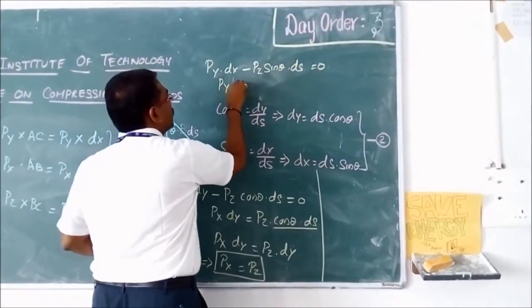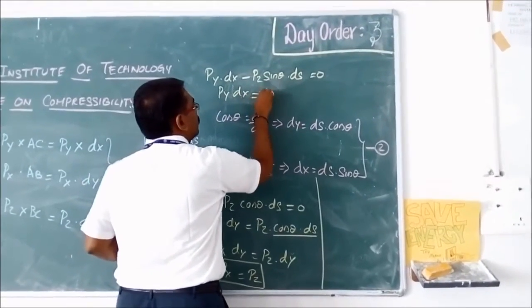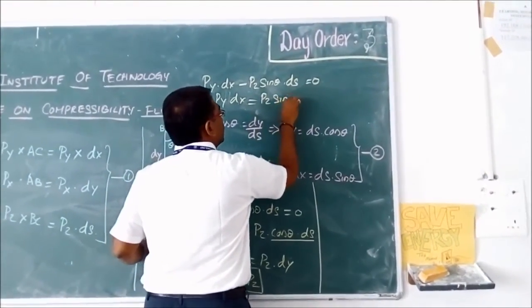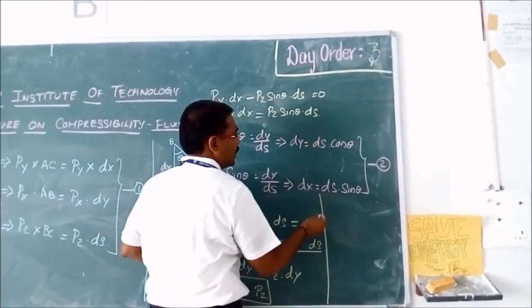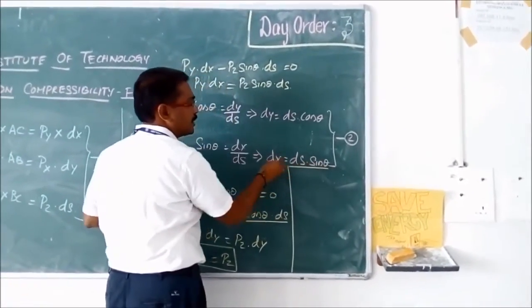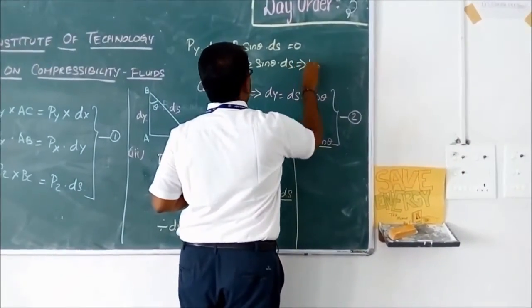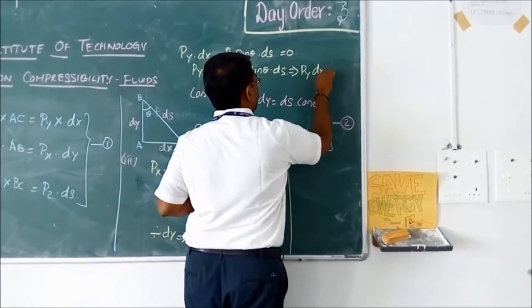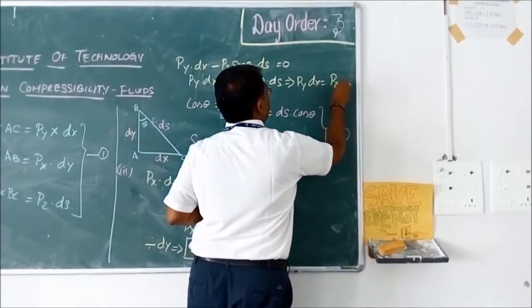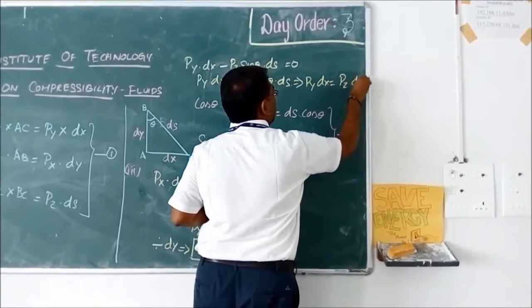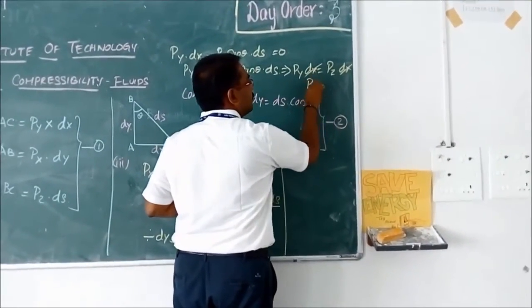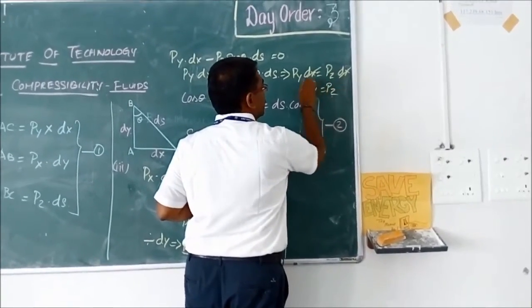So I had Py into dx is equal to Pz sin theta into ds, and I have already derived the value for ds sin theta, which is dx, and replacing it here. So I get Py into dx is equal to Pz into dx. I divide both sides by dx and I get Py is equal to Pz.